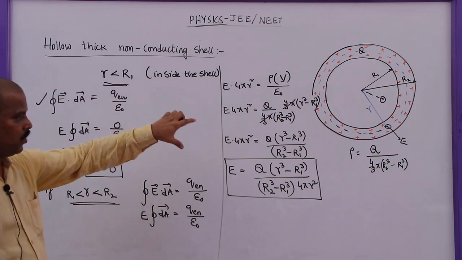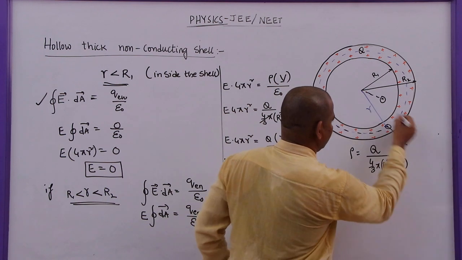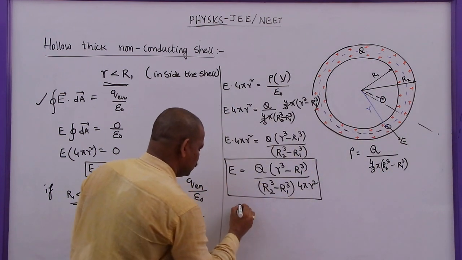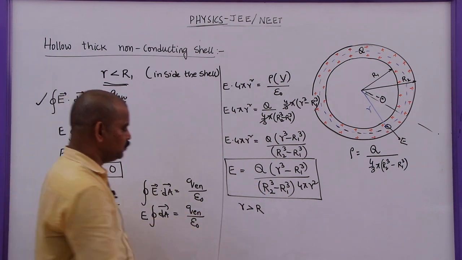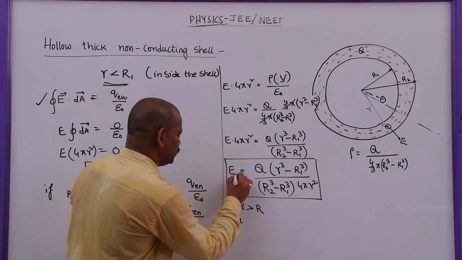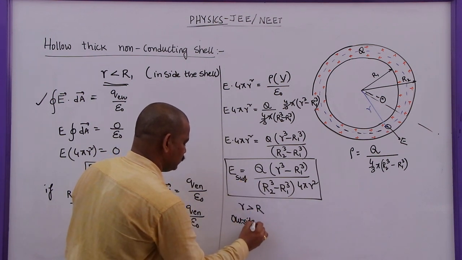Now if we wish to find the electric field at a point away from this one at a distance r, that is small r greater than capital R, if this point is outside the sphere, this is on the surface, this is outside the sphere.